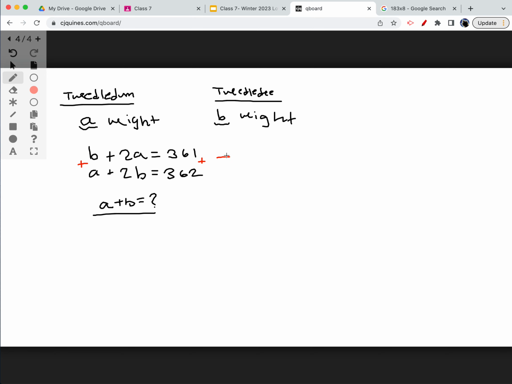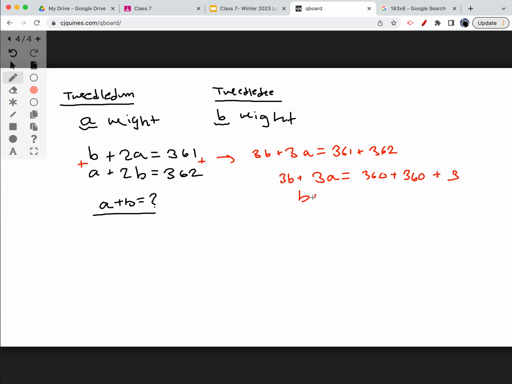So if you add, you get 3B plus 3A is equal to 361 plus 362. And this gives that 3B plus 3A is equal to 360 plus 360 plus 1 plus 2, which is 3.